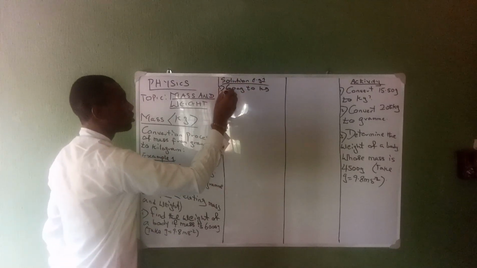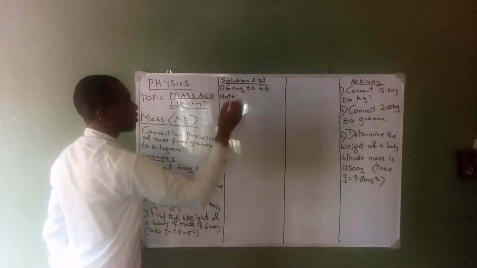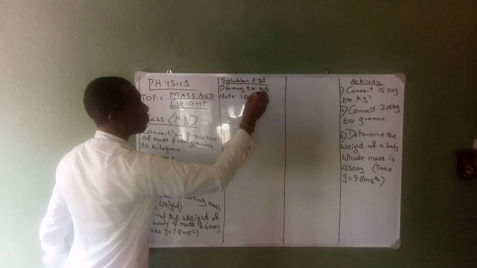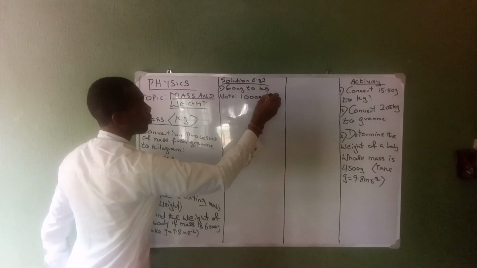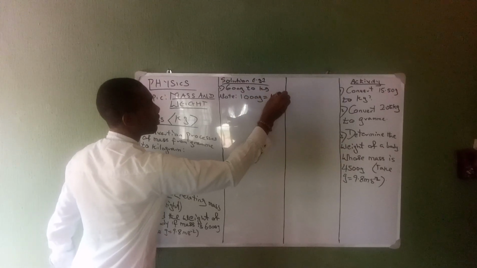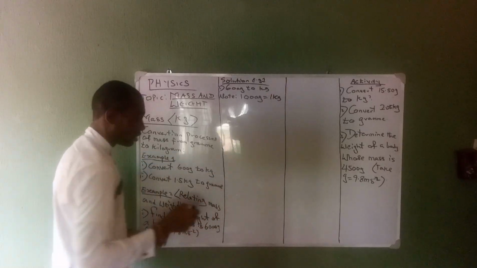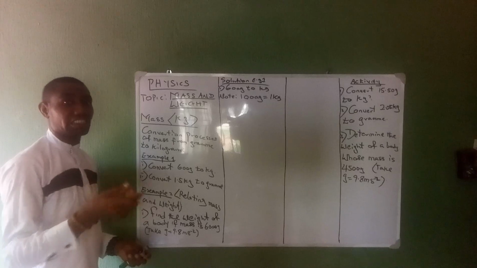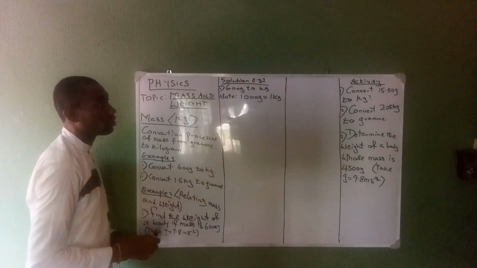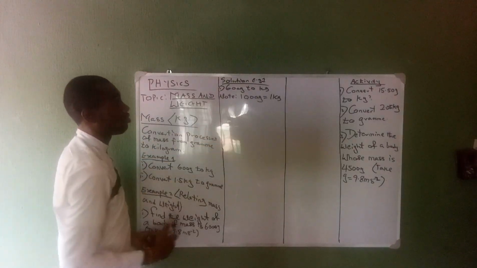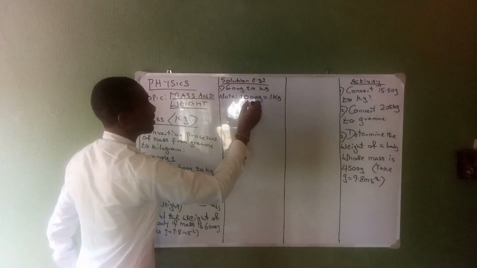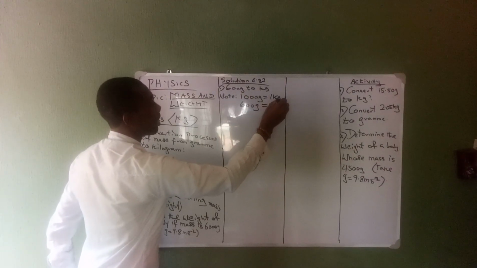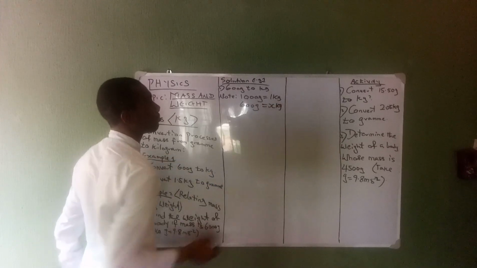You should note that in this conversion process, 1000 gram is equal to 1 kilogram. That is to say, 1000 gram of a body is equivalent to 1 kilogram. So if 1000 gram is equivalent to 1 kilogram, then 600 gram will be equal to x kilogram.